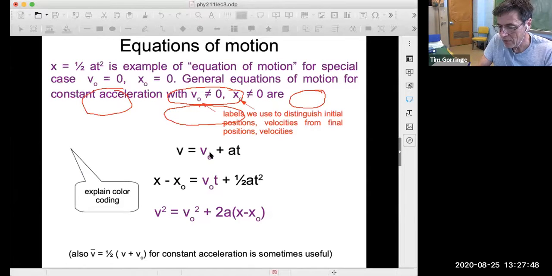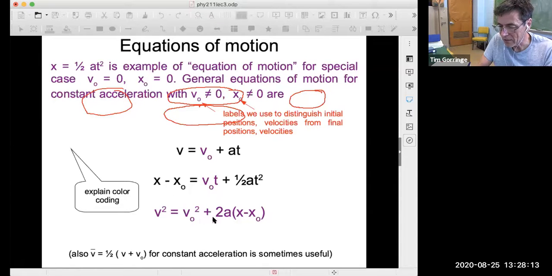We want to think about what we want to figure out, which is the initial velocity of the car, and what we already know. What we already know is the final velocity of the car, the acceleration of the car, and the displacement of the car.